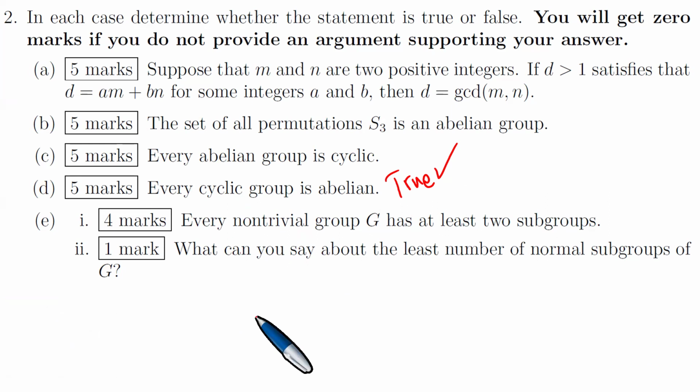I want us to spend some time on this. Yes, every cyclic group is abelian. Let's discuss this. This one is a nice one to prove because it is true, and the true things are easy to prove.